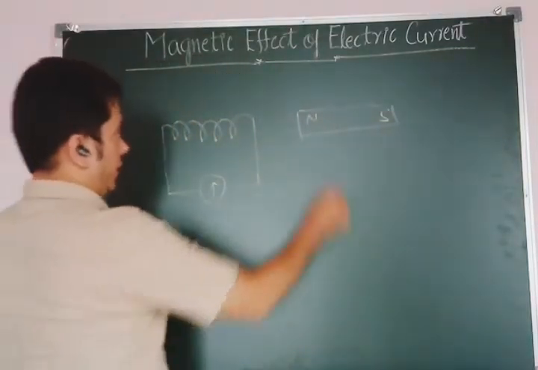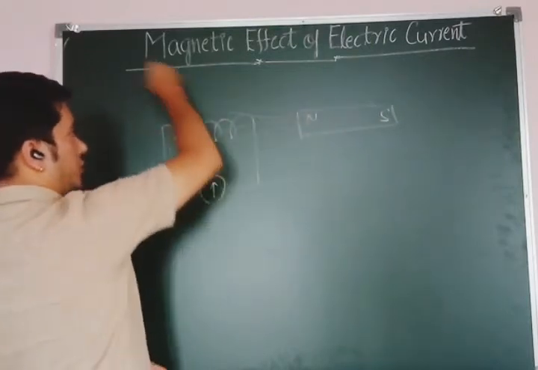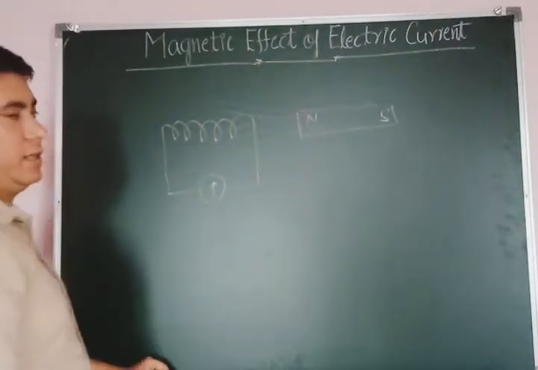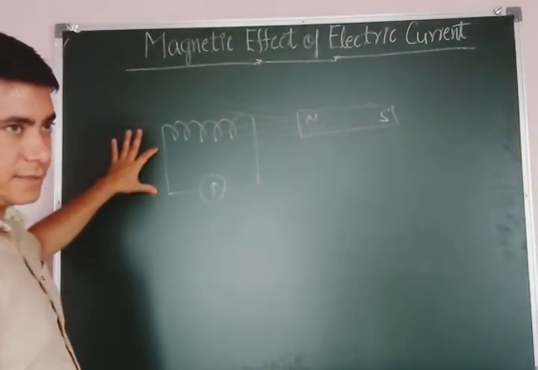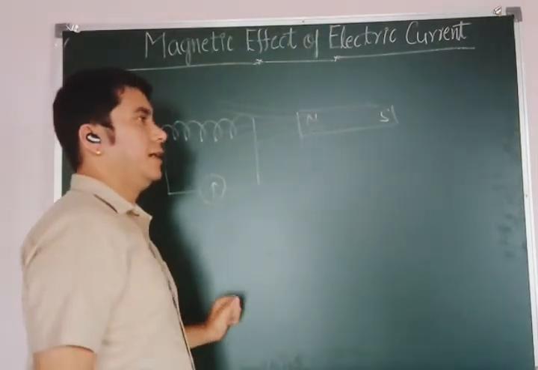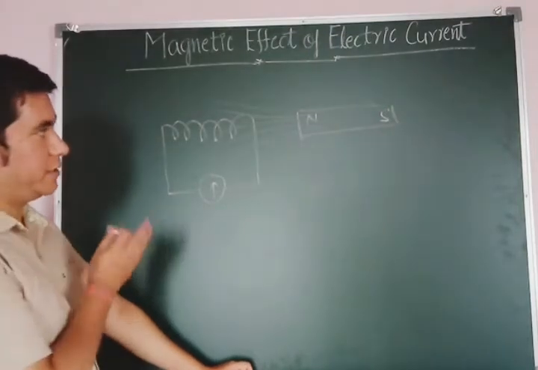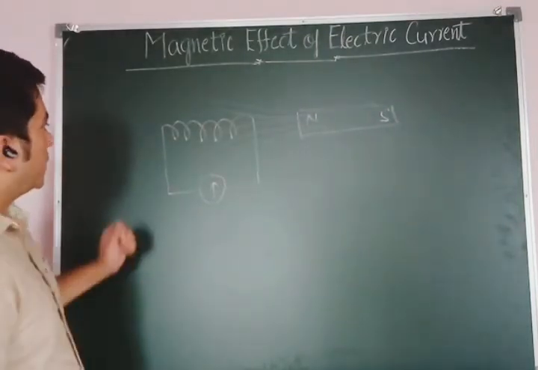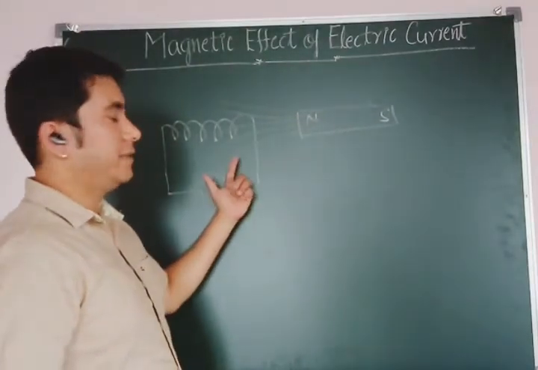If flux linkage changes through this circuit, EMF will be induced in this circuit, and that induced EMF will generate a current in the circuit. We already studied this. So what will be the direction of the induced EMF generated in this circuit?